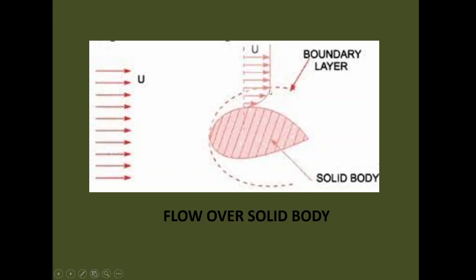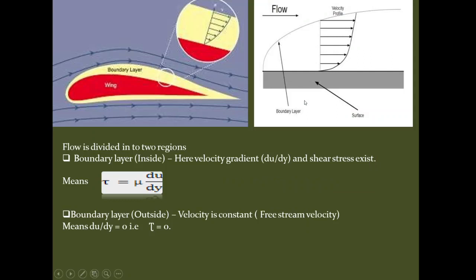In this region, as there is a velocity variation, a velocity gradient du by dy exists, and due to this the fluid exerts a shear stress on the walls also, which is in the direction of motion. This value of shear stress can be written as tau equals mu du by dy.